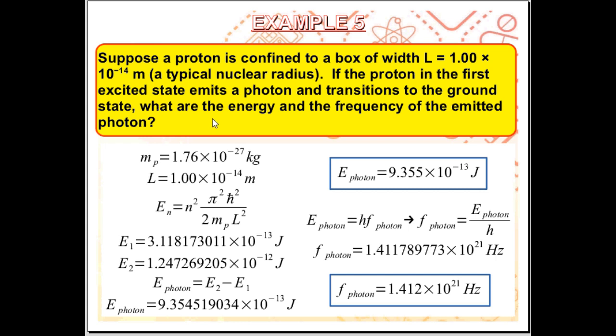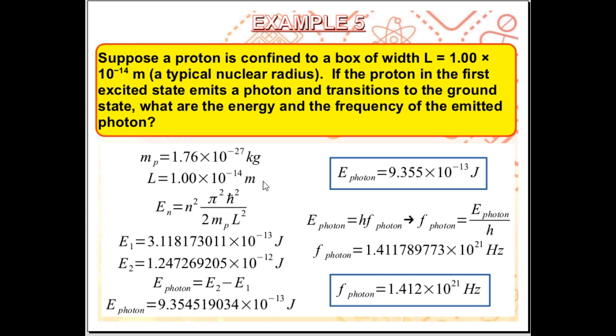What are the energy and frequency of the emitted photon? The mass of the proton we know to be 1.76 times 10 to the negative 27 kilograms. Length L is given as 1 times 10 to the negative 14 meters.